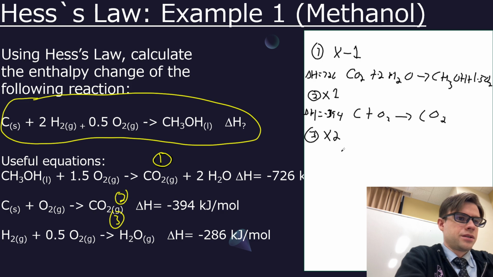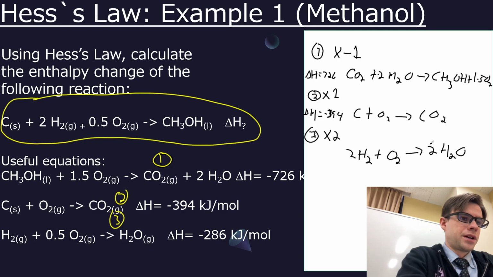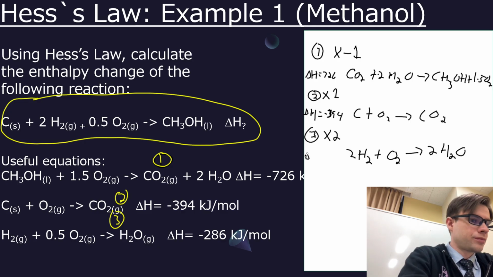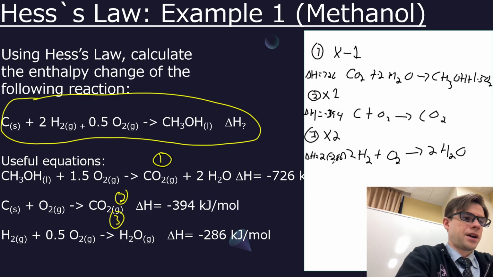So we'll get then 2H2 plus 1O2. 1/2 times 2 is 1, and then 2H2O. And delta H for that needs to be doubled. So we'll have like 2 times minus 286. Okay. So we've got that.